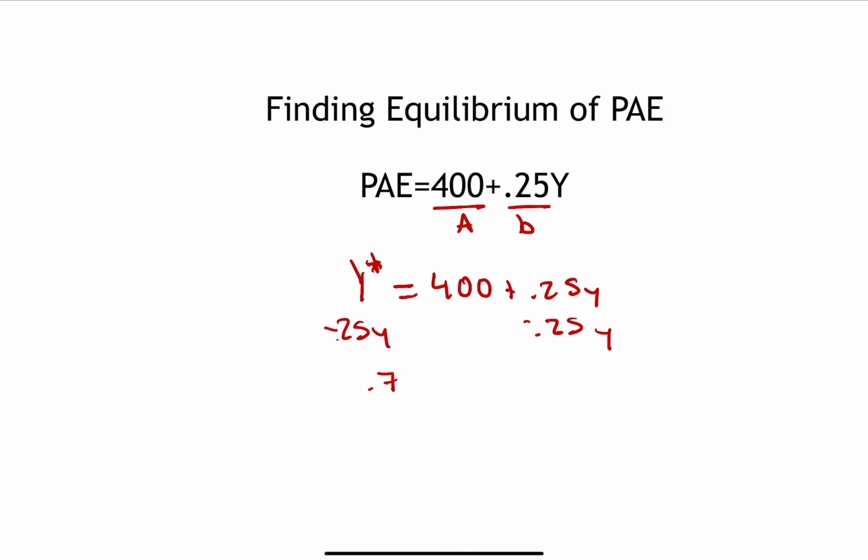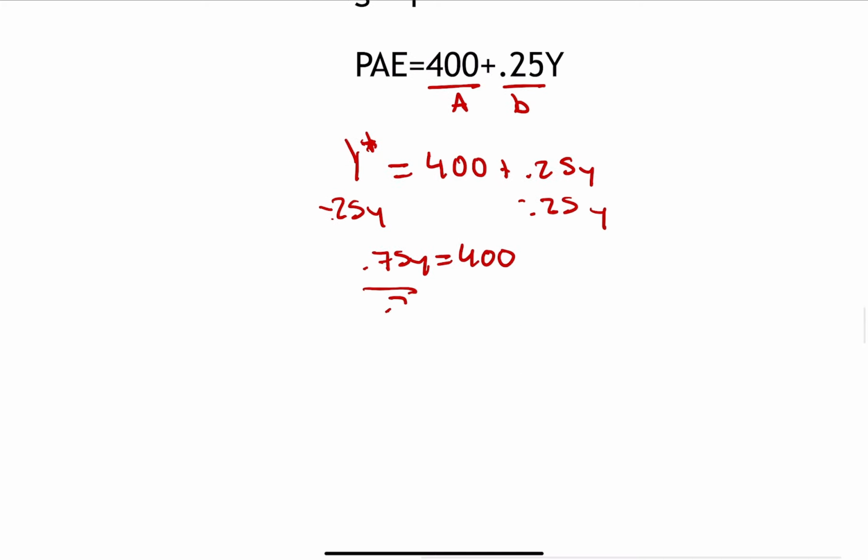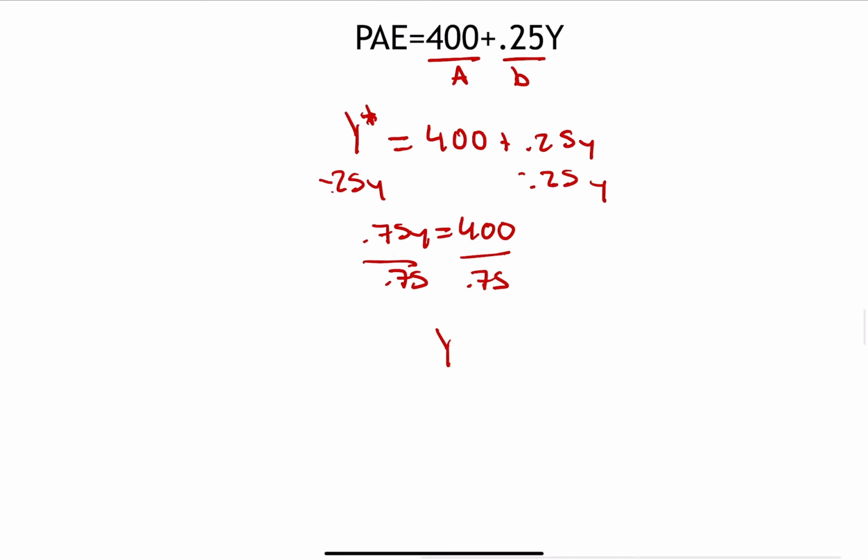You get 0.75Y equals 400. Divide both sides by 0.75, which would give us an equilibrium of 533. So that is how you find the equilibrium for the PAE equation.